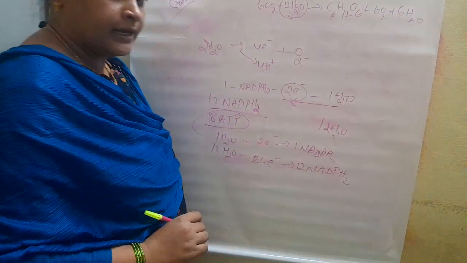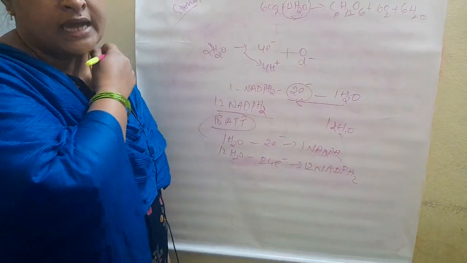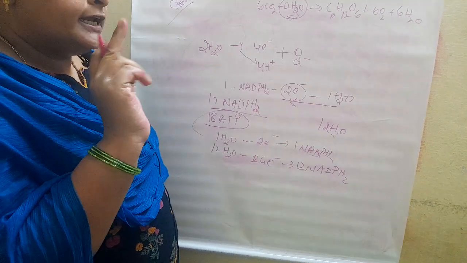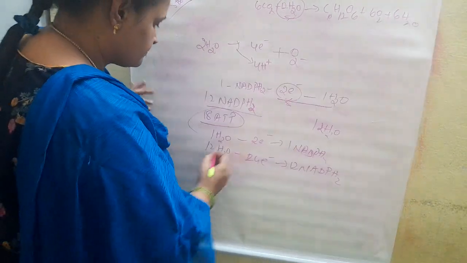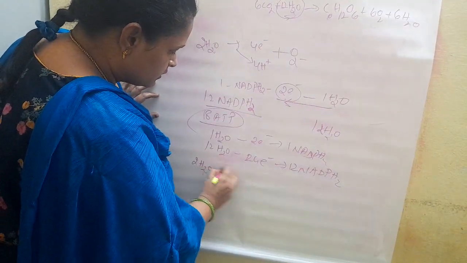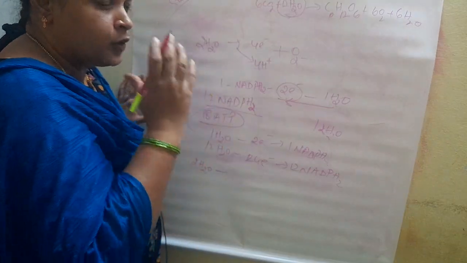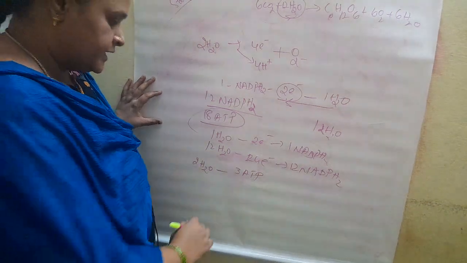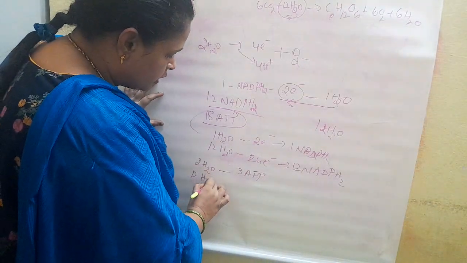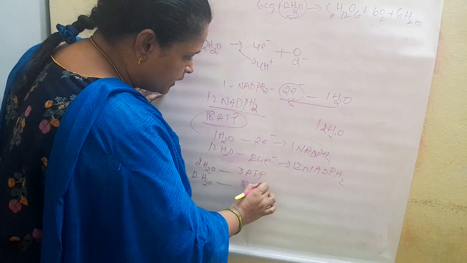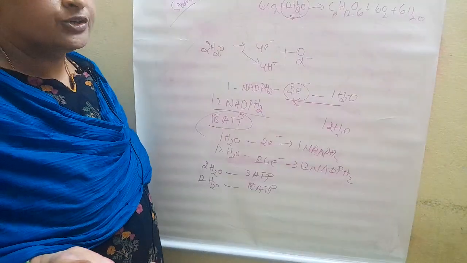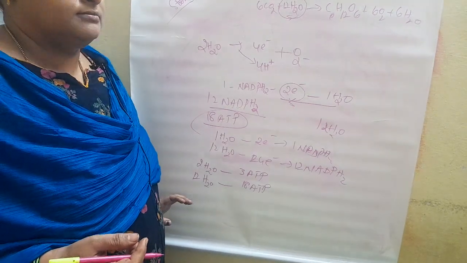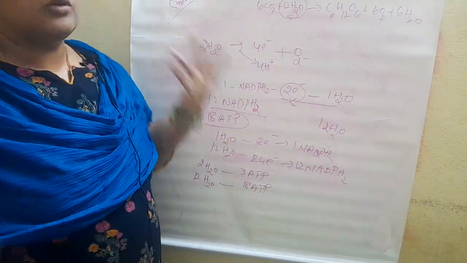What about the 18 ATP? 18 ATP are required. 2 water molecules produce approximately 3 ATP. So 12 water molecules produce 18 ATP, a 2:3 ratio. So this is the requirement and this is the generation. Understood? That's why 12 water molecules.